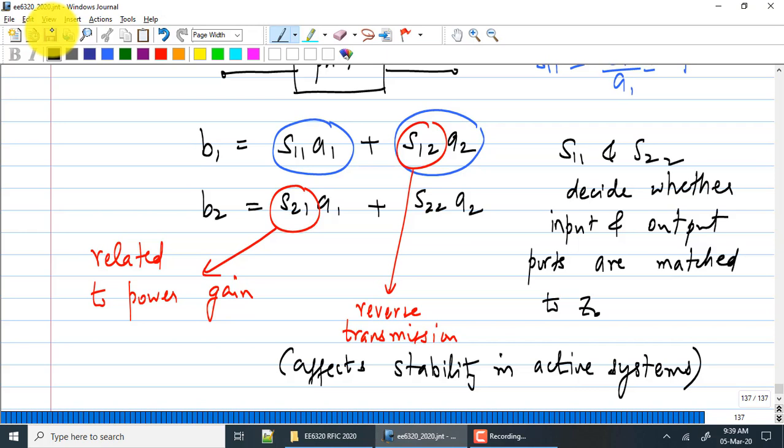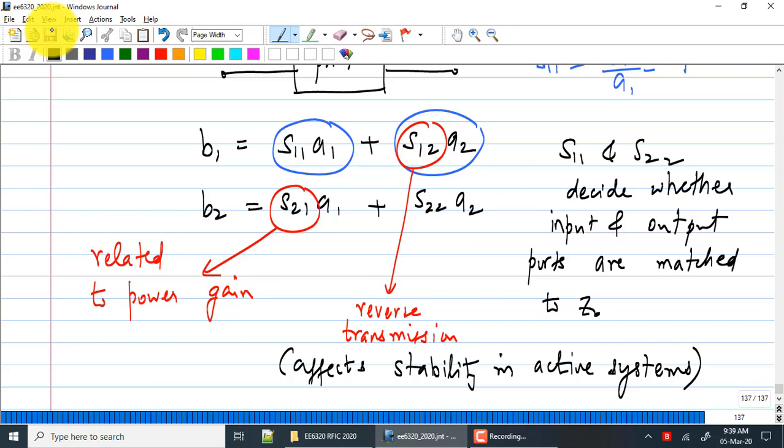What does that mean? Actually, I have related only to B1 and A1, which are renormalized voltages. No, B1 squared and A1 squared are the powers.